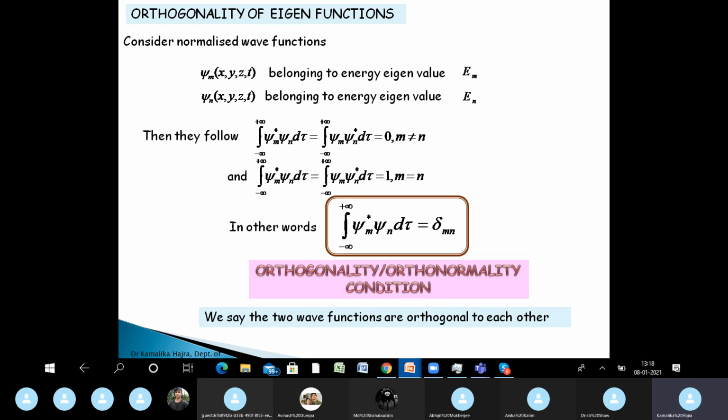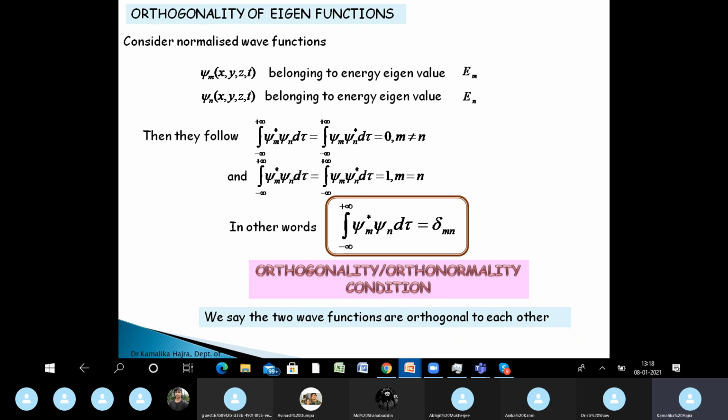So wave functions belonging to different eigenvalues are independent of one another. A wave function belonging to an eigenvalue Em will not in any way interfere with the wave function belonging to a different eigenvalue En, which is why we have discrete energy levels in a quantum mechanical system.